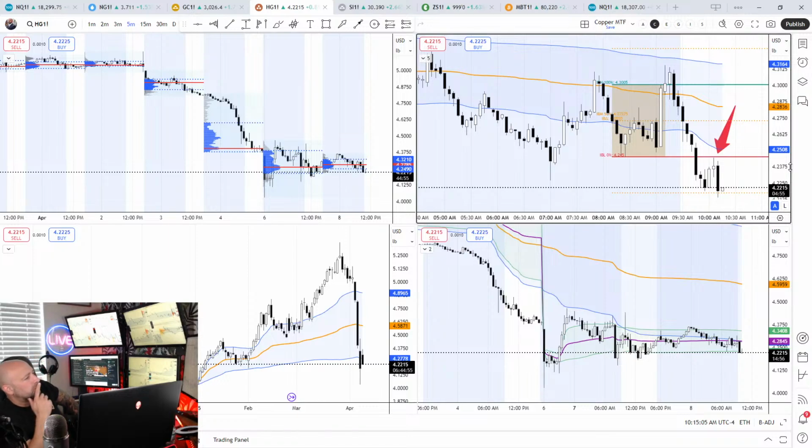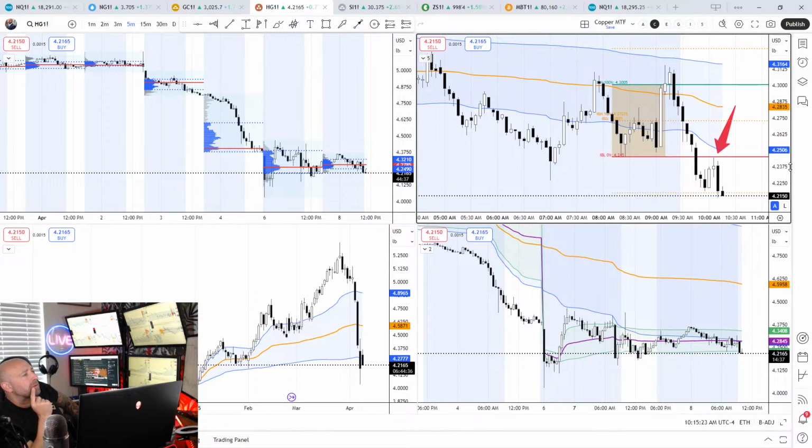Missed that one. That would have been a nice trade on copper. Back tested that IB low to the tick.